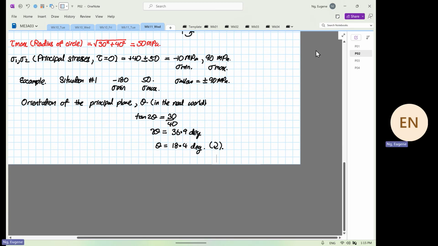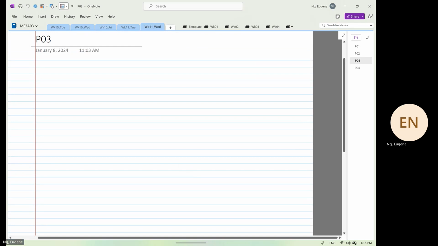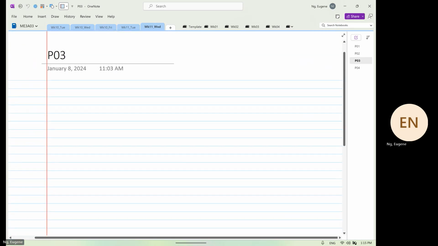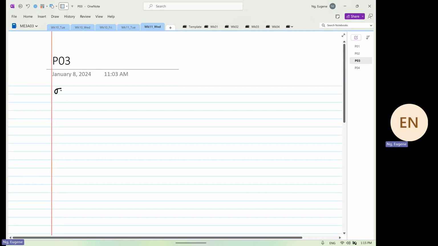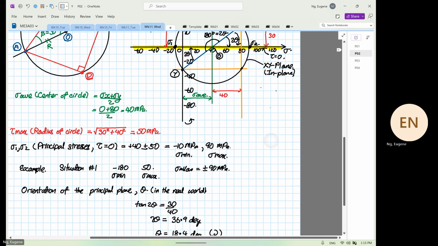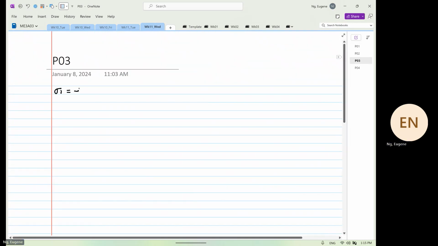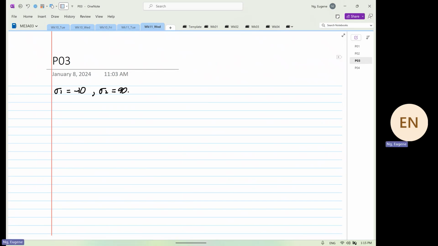So what does it mean? Next, we know that our stress 1 is equal to 90 and stress 2 is equal to minus 10.